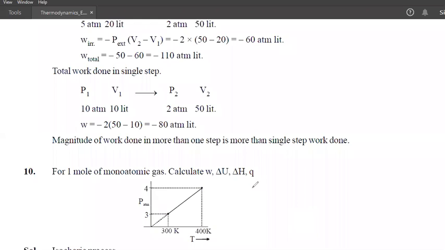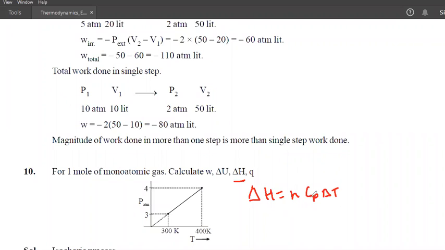Now delta H, I haven't taught yet. Sneha, what is the formula for delta H? Yes, delta H is equal to n Cp delta T, right? Doesn't matter whatever the process.